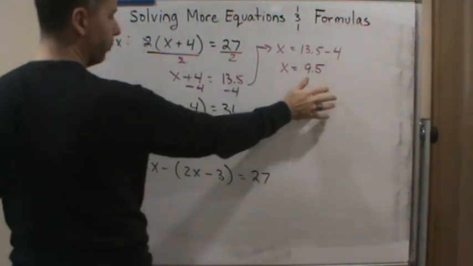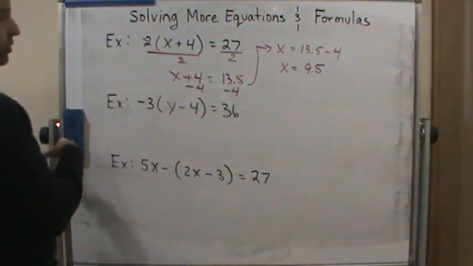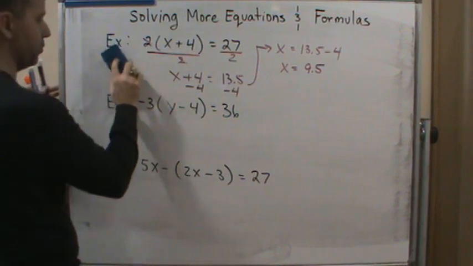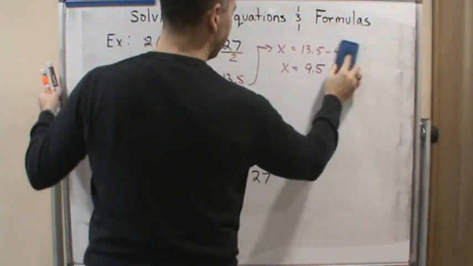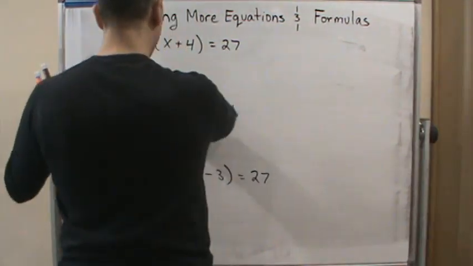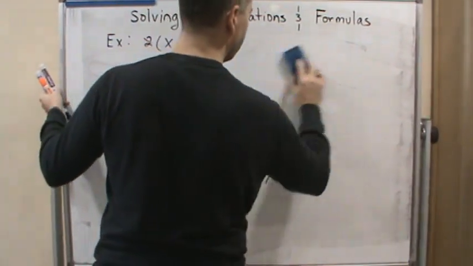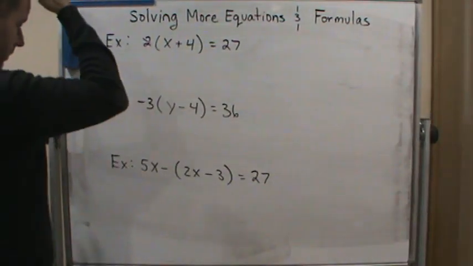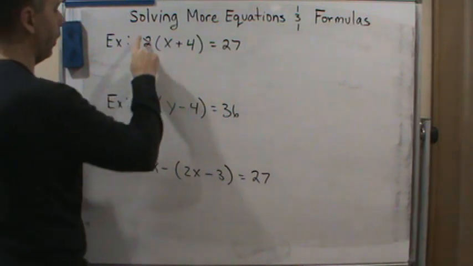Okay? And now, so again, if we want to check it, we take our answer, we plug it back into the equation, see if we get a true statement. So let's do that, okay? So here we go.